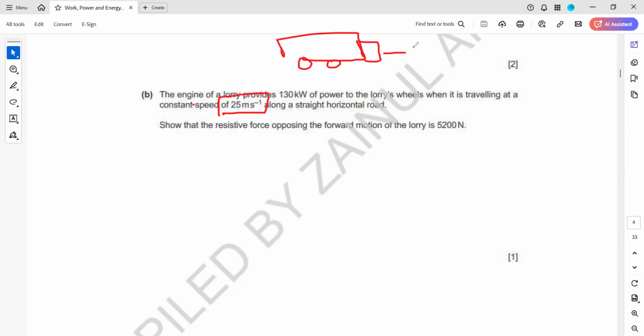We have the power and we know the velocity, so we can find the force, because the product of force and velocity gives the power. Because it is moving at a constant speed, this driving force will be equal to the resistive force. So we just have to take the ratio: power divided by velocity will give us the force.